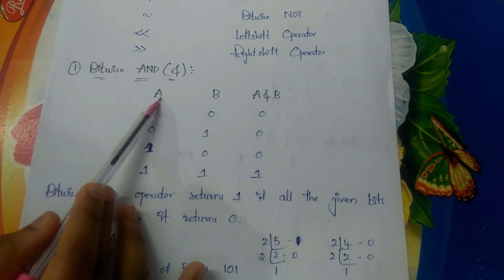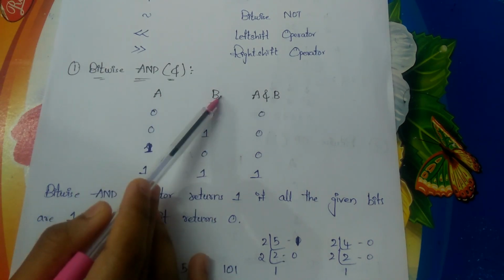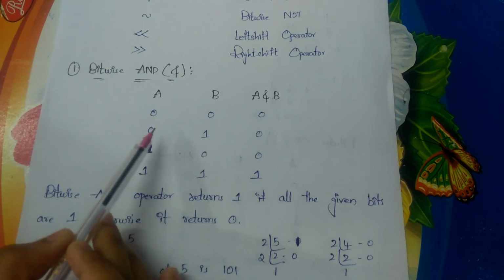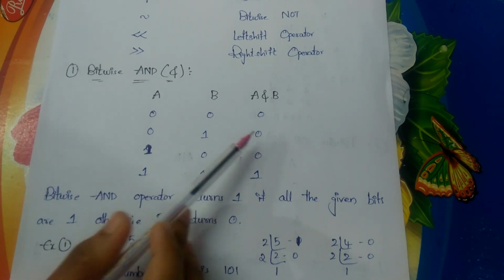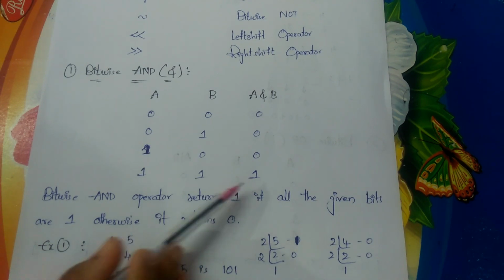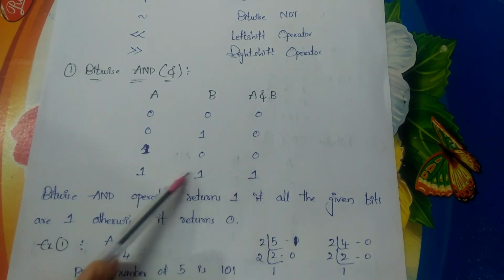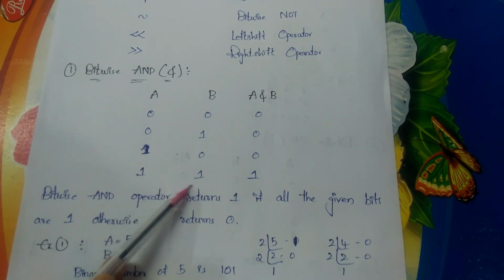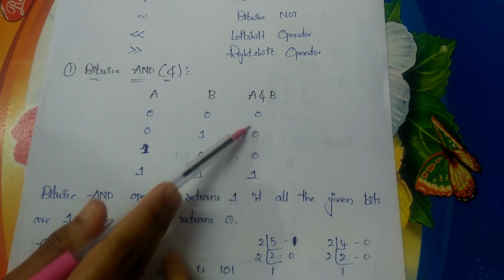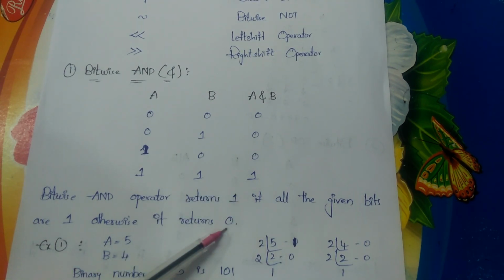So when A is 0 and B is 0, the bitwise AND of A and B returns 0, and for 0 and 1 it returns 0, for 1 0 it returns 0, and for 1 1 it returns 1. So it states that the bitwise AND operator returns 1 if all the given bits are 1, otherwise it returns 0. It means in other cases it always returns 0.